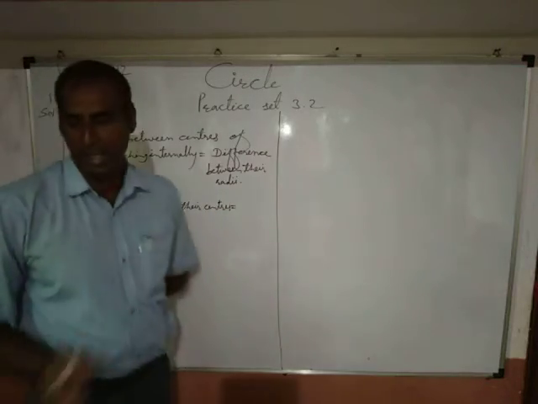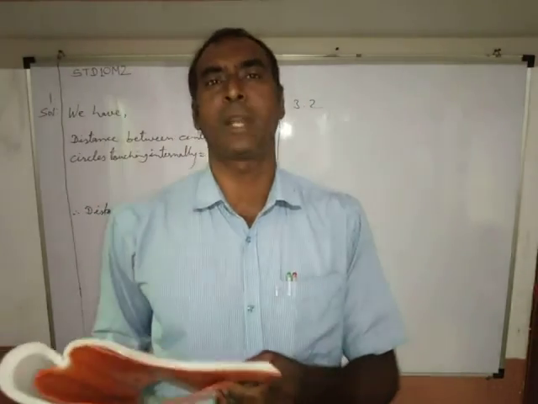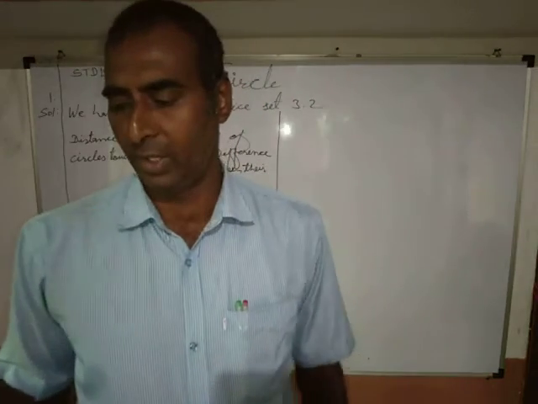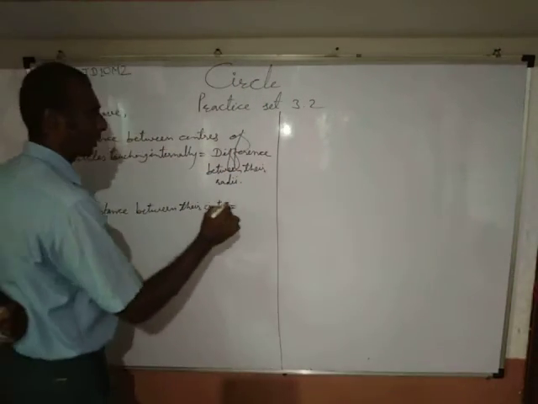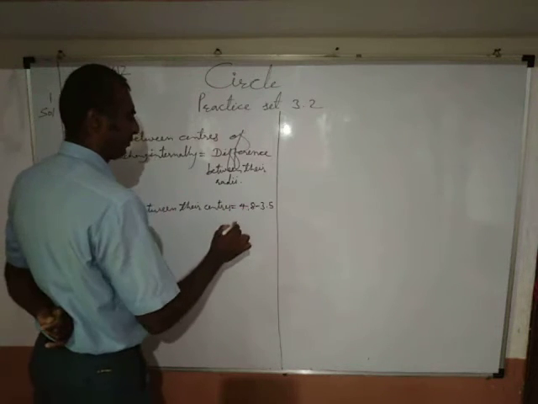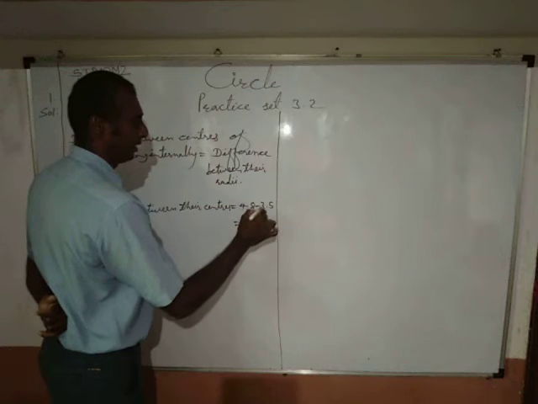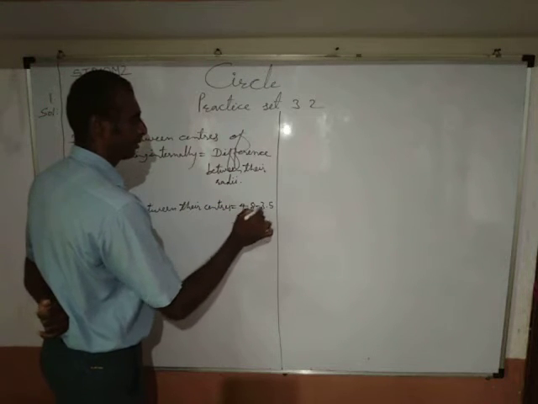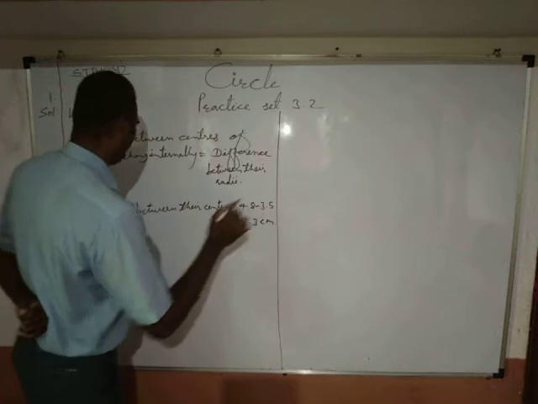is equal to, as radii of those circles are 3.5 centimeter and 4.8 centimeter. 4.8 is greater than 3.5. That's why we are going to write here 4.8 minus 3.5 equals, 8 minus 5 gives us 3. Decimal below decimal, 4 minus 3 gives us 1. 1.3 centimeter.